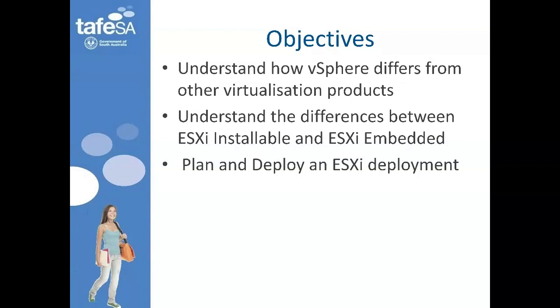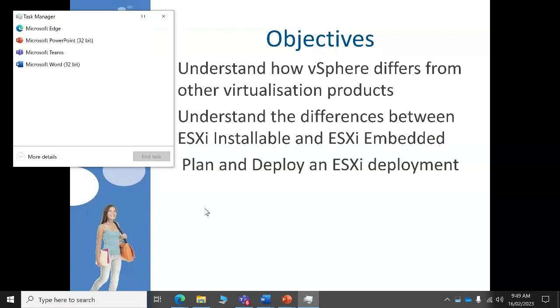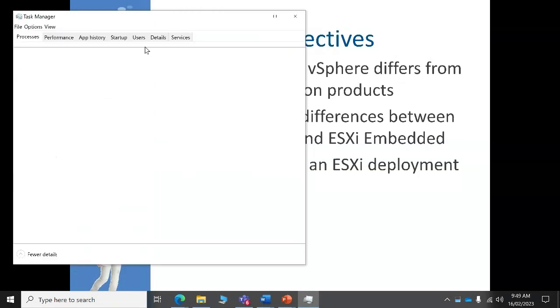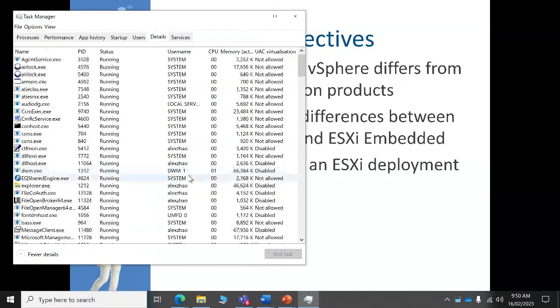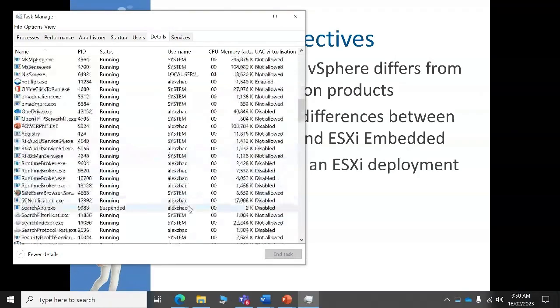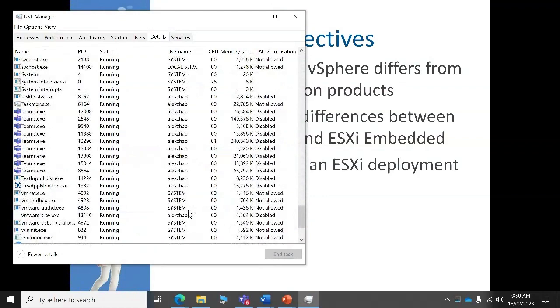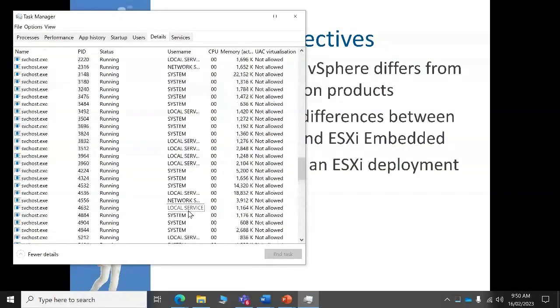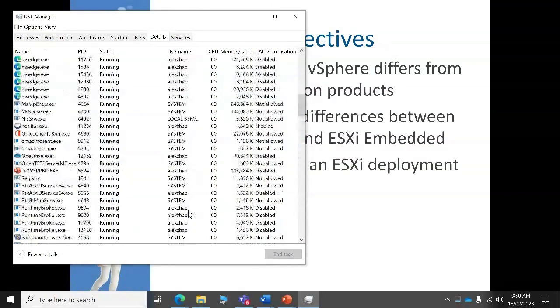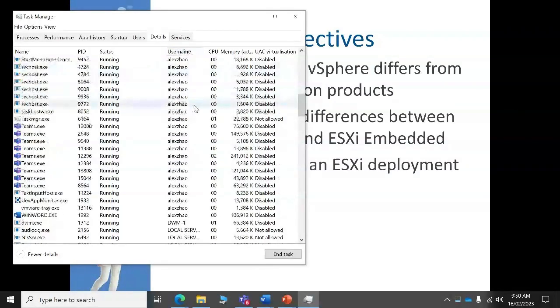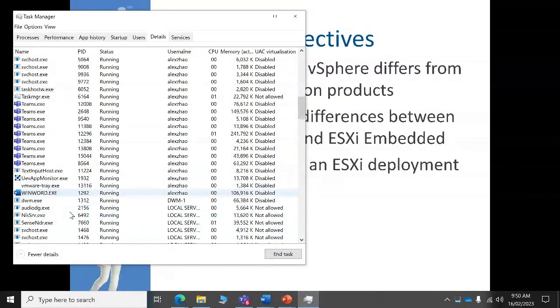Because if I just show you on this computer, I'm sure you have all seen this before, being diploma students. Oh my goodness, look at all these little things that are running right now in the background, without me necessarily starting them. You can see by username, there are some things I've started, which is fine. Oh, look at that, I didn't even know I had so many instances of Teams running.